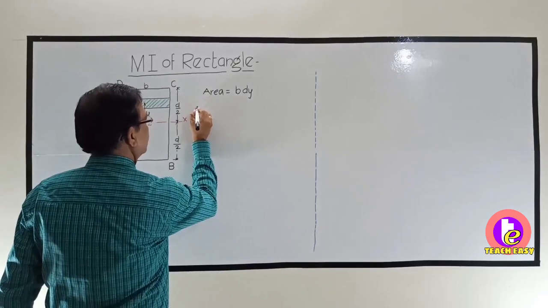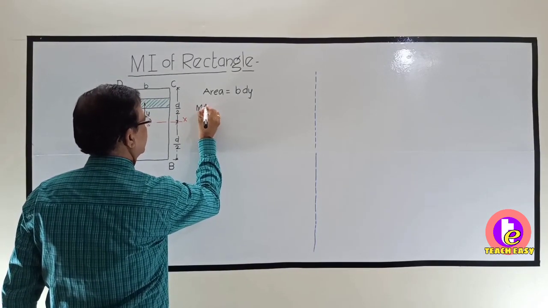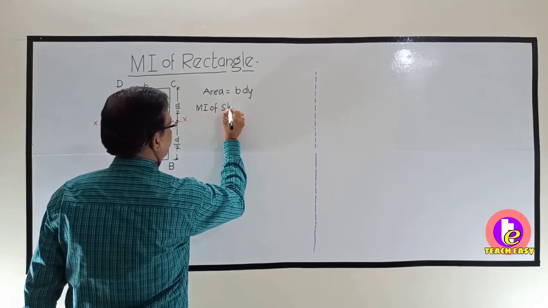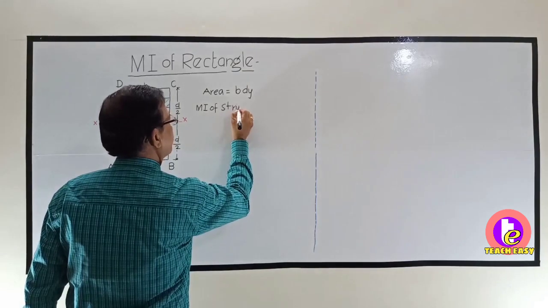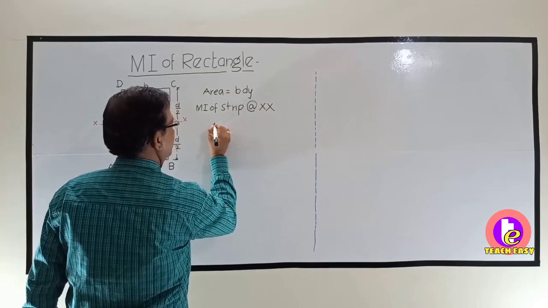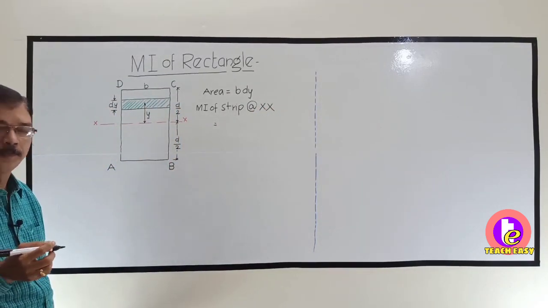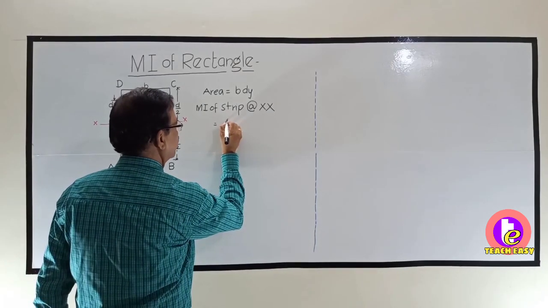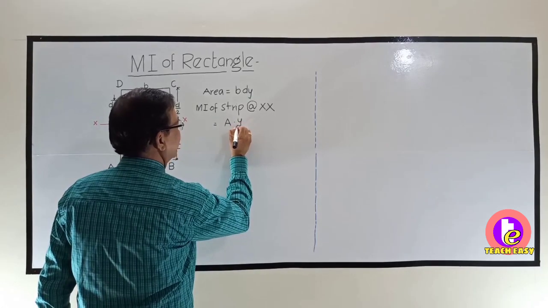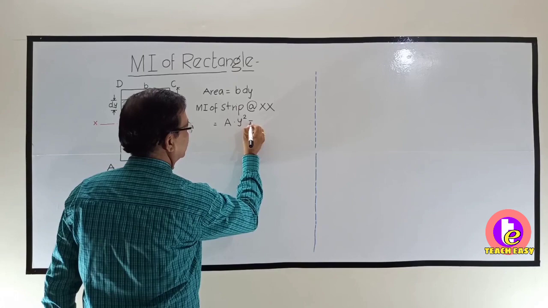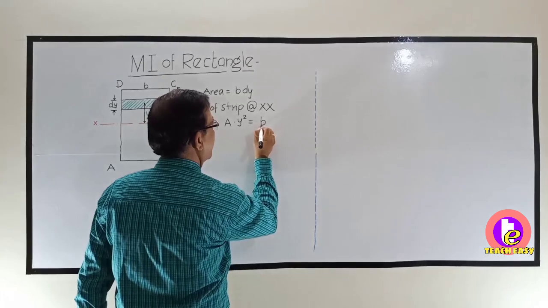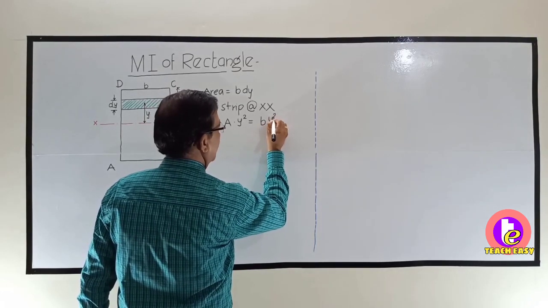So moment of inertia of the strip about the x-axis will be area of the strip multiplied by y into y, that is y square, which will be equal to b into y square into dy.